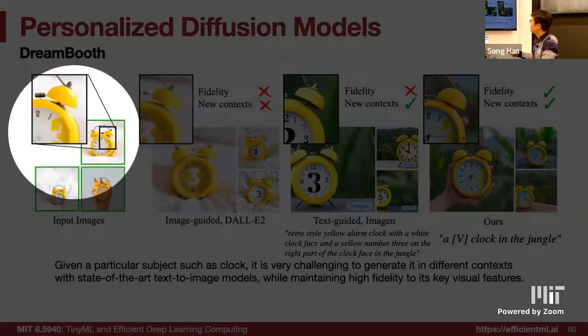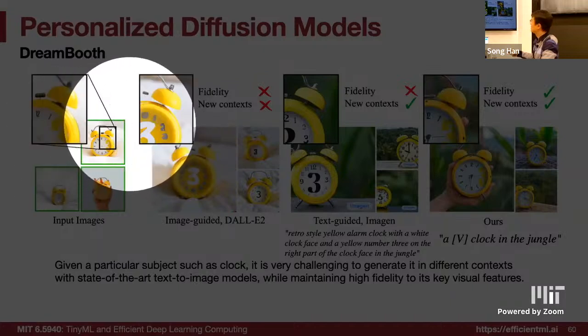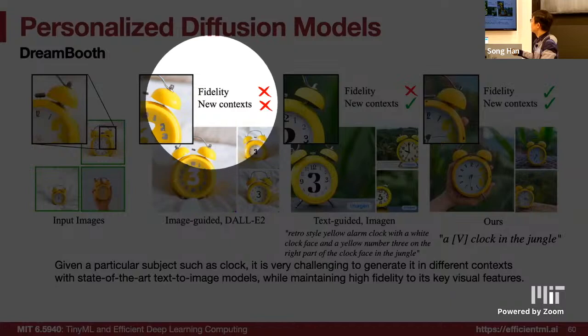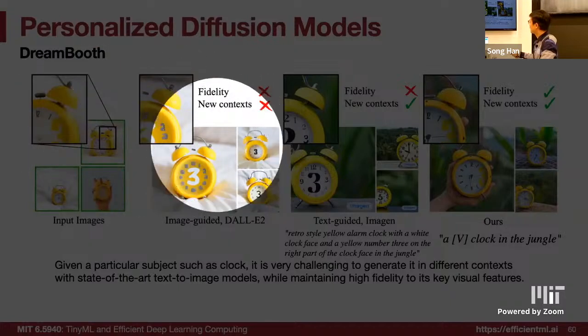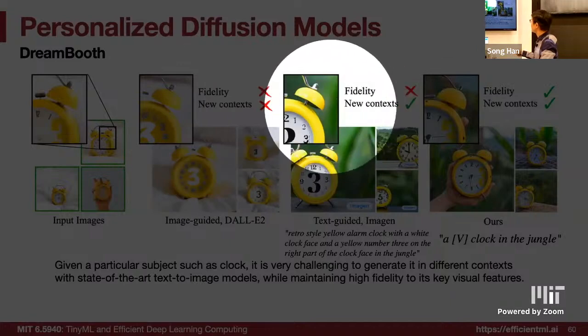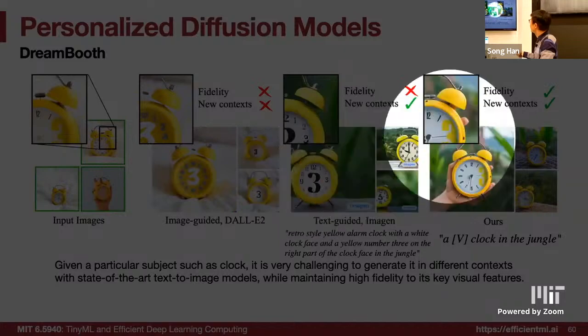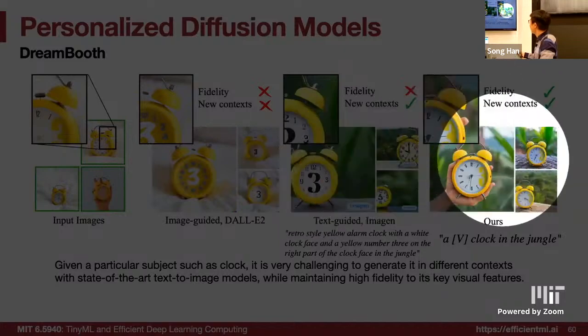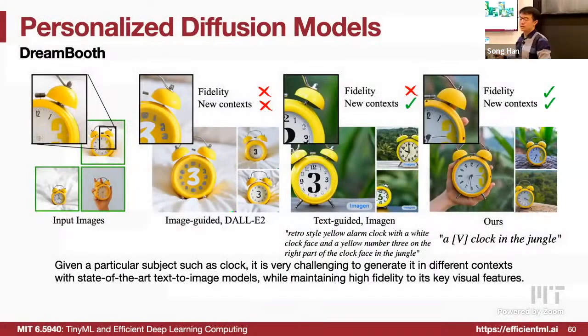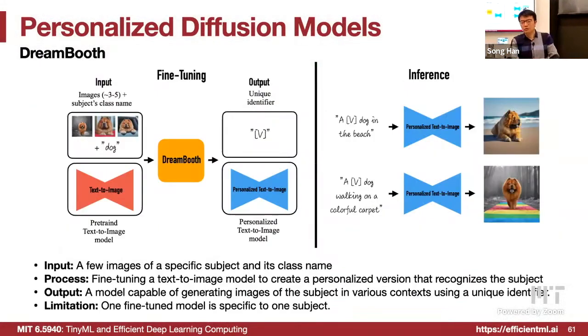The color of the 3 should be yellow rather than white, and there is also very little context. They are both white background, versus less fidelity but able to generate new context, the 3 has changed, versus both having good fidelity and also diverse contexts. And DreamBooth achieved this functionality by fine-tuning the model.